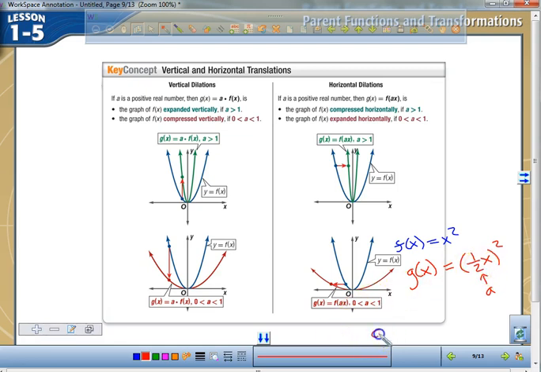So right now we're saying g of x equals f of a times x, which is different than this one. This one is g of x equals a times f of x. Notice the a is on the outside here, and here the a is on the inside of the parentheses right next to the x. So this is how you would write it. I'm going to type this in the graphing calculator.